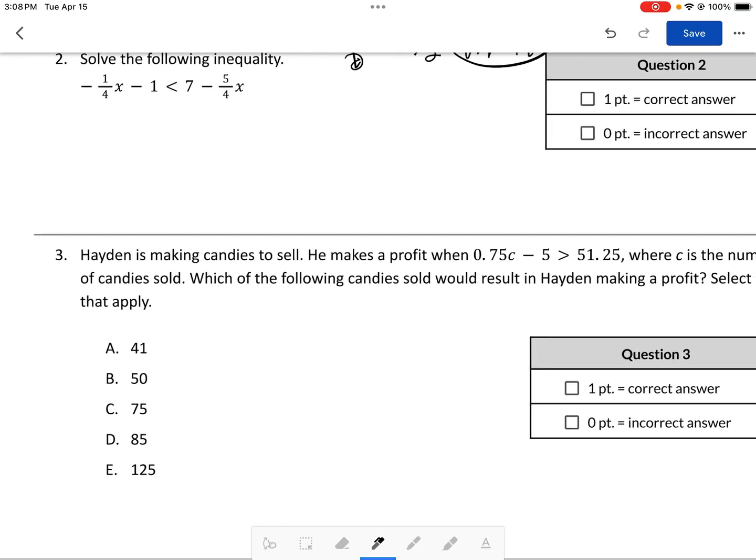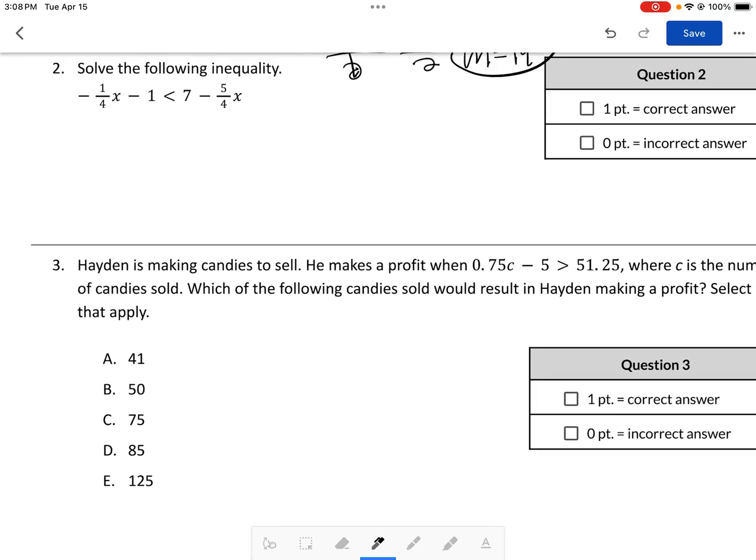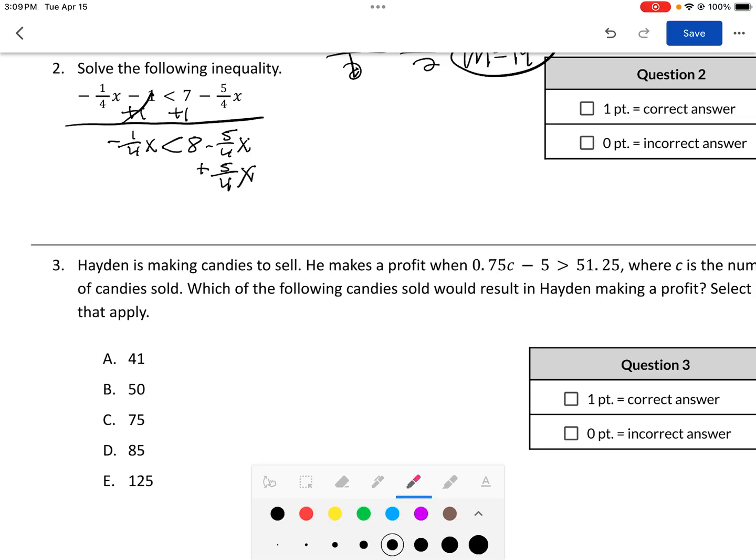Okay, so looking at the inequality, I have negative 1/4 x minus 1 is less than 7 minus 5/4 x. I'm going to add 1 to both sides of my inequality. When I do that, I get negative 1/4 x is less than 8 minus 5/4 x. I'm going to add 5/4 x to both sides of my inequality.